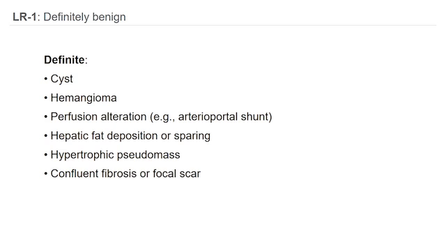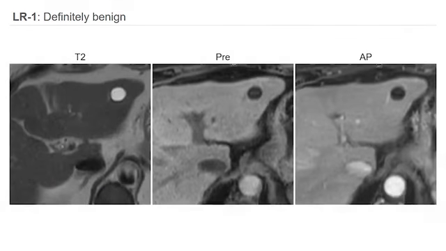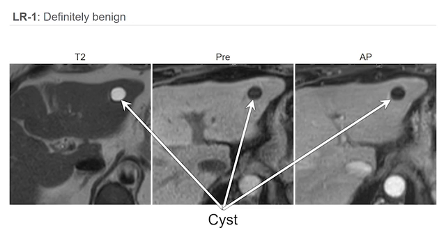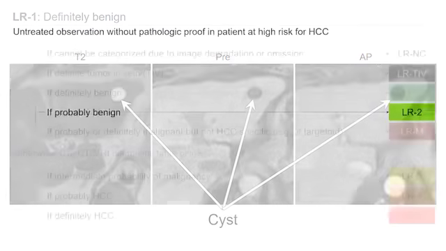These include definitely benign things like cysts, hemangiomas, and so on and so forth. Here's an example of a well-defined T2 hyperintense, non-enhancing lesion, which is definitely a cyst. There is no question, 100%. There's absolutely no uncertainty in the diagnosis, and this is the appropriate application of the LR-1 category.